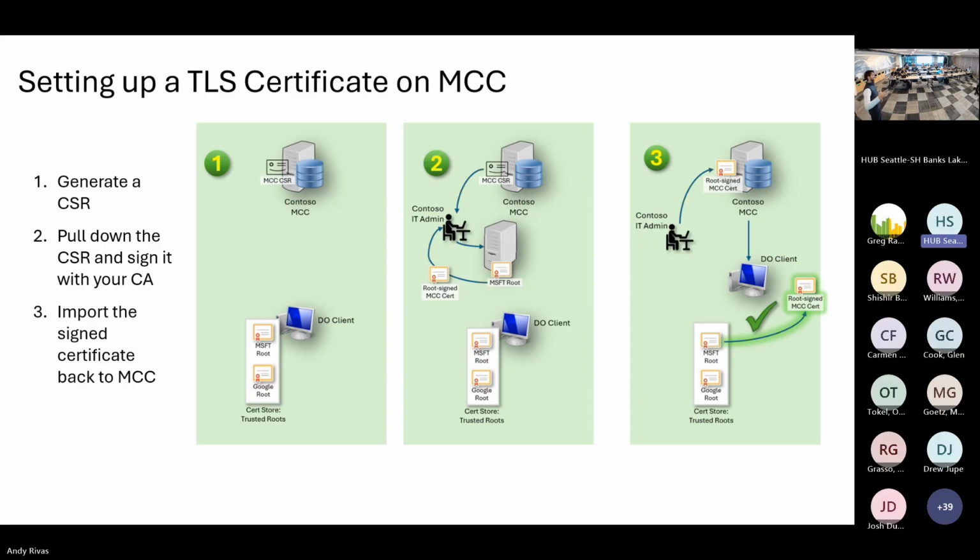You will then pull that down through your folder system and sign it however you usually sign certificates, whether through a CA or self-signing, separately. Then there's another script to import the signed certificate back to MCC. MCC will handle all the rest. All you have to do is run those two scripts: generate a CSR, and import the cert once you have it signed.